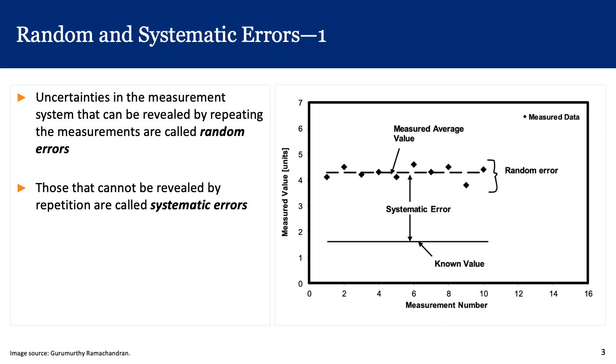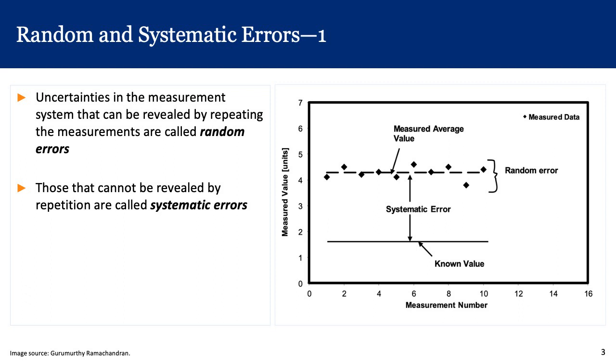In the figure on the right hand side, you see on the top a dotted horizontal line with a scattering of measured values that are shown by the black diamonds. Each black diamond is an individual measurement with a certain value assigned to it. They are clustered around this horizontal dotted line, which is some kind of an average value of those measurements.